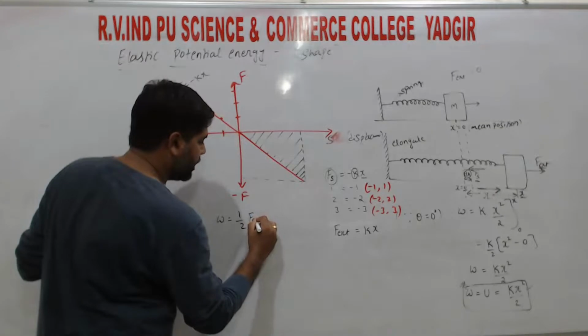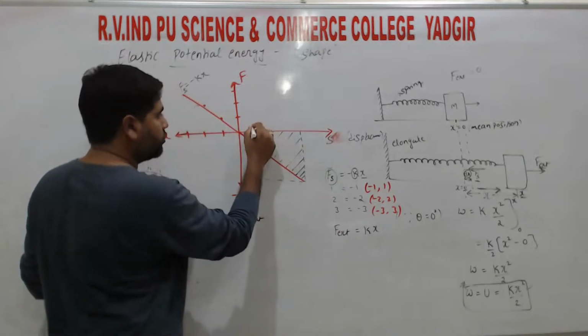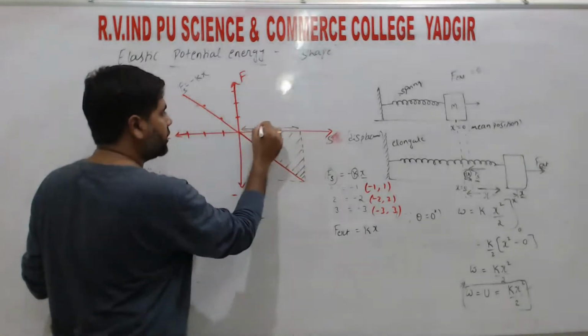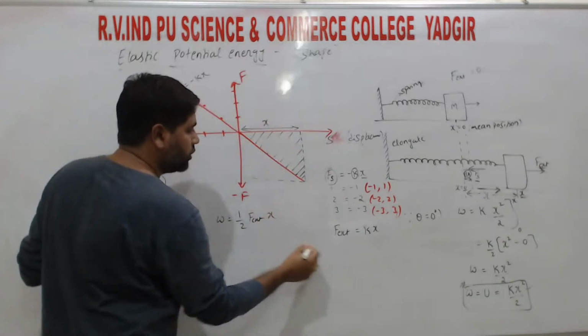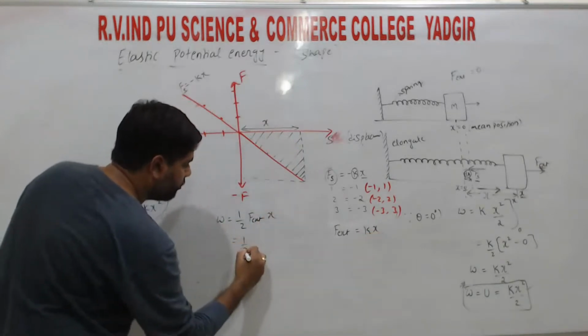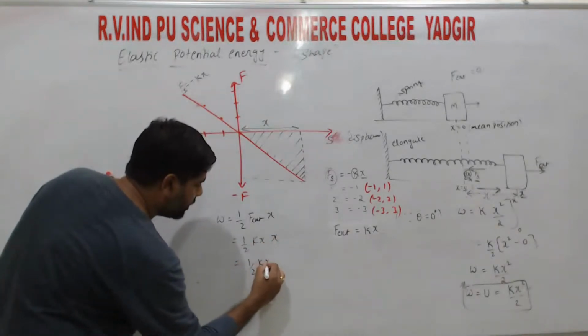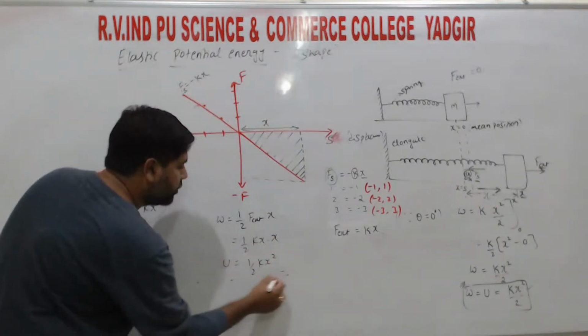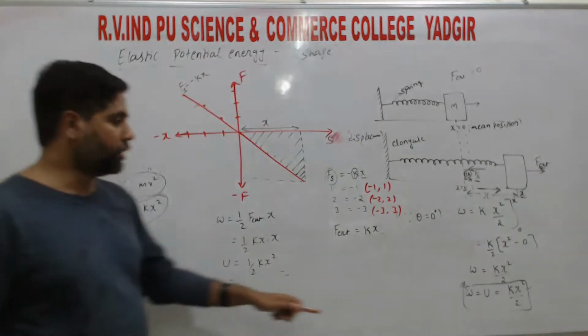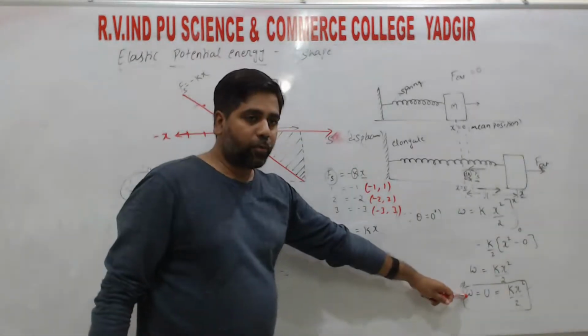So we have external force, and this is the displacement x. So F external is kx, into x, half kx squared. So this we call potential energy. So this ನಾವು mathematically prove ಮಾಡ್ಕೊಂಡಿರೋದು.